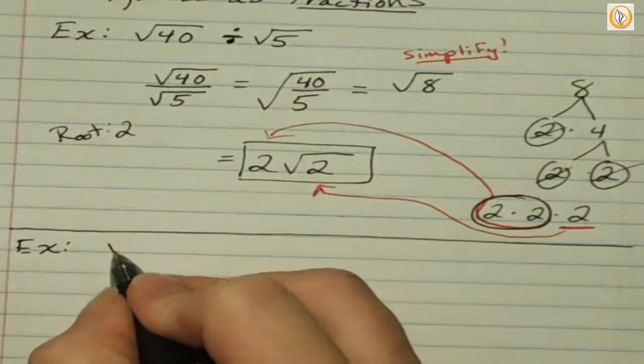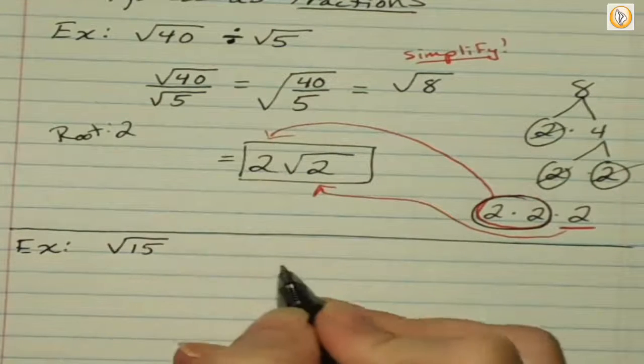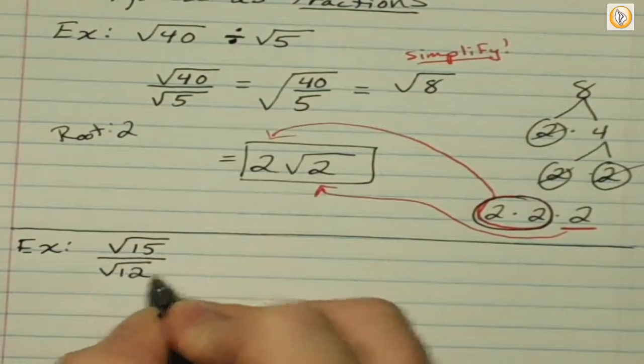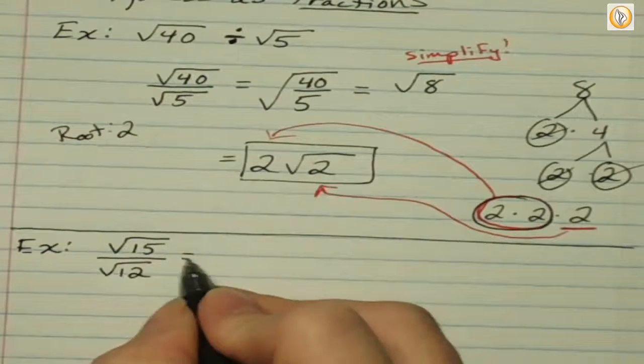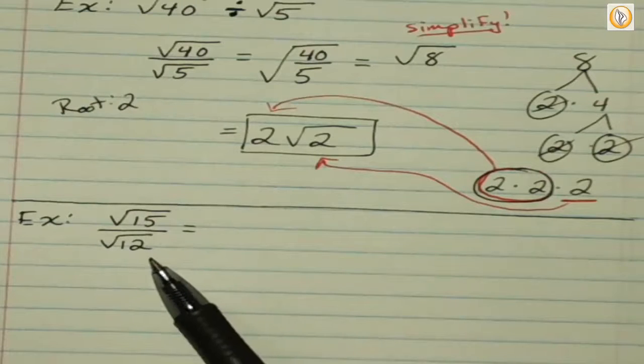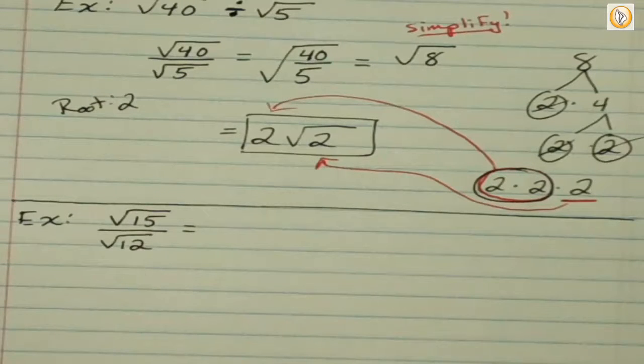What if I have the square root of 15 divided by the square root of 12? First question, are either one of these a perfect square? No. Can 15 be evenly divided by 12?